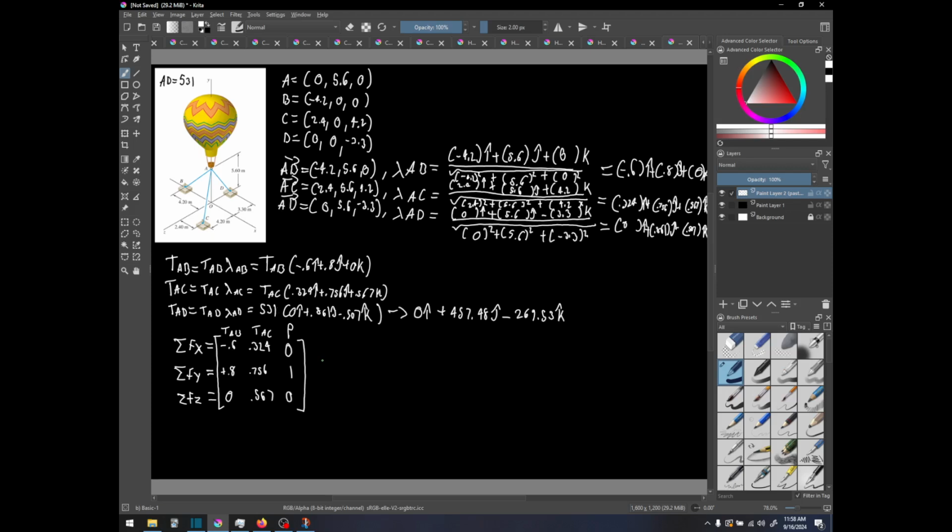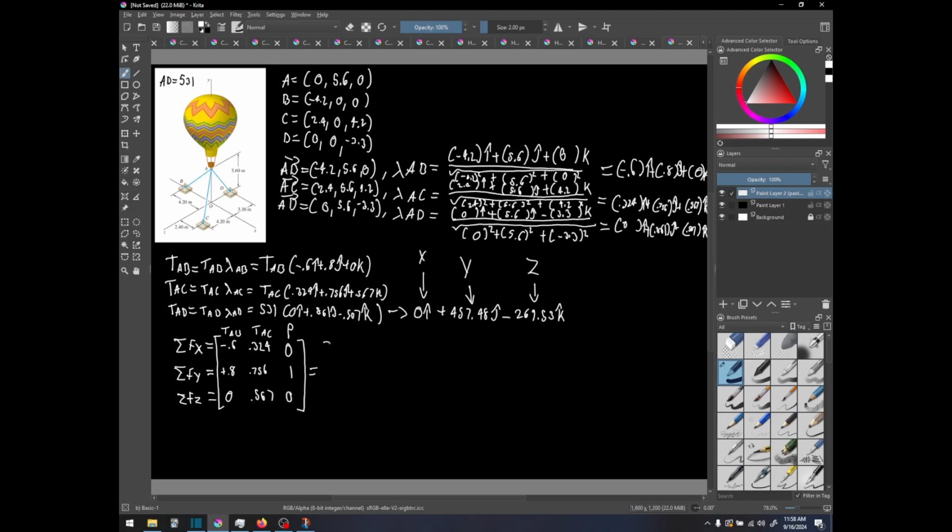But we ain't done yet, because the sum of the forces in the Y direction, we've got this for Y, this for X, and this for Z. And we're going to have to flip whatever signs these are, because to set them equal to 0, they will be on the left side of the equation, and we have to put them on the right side of the equation.